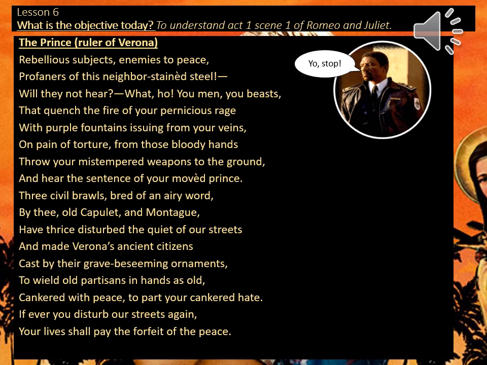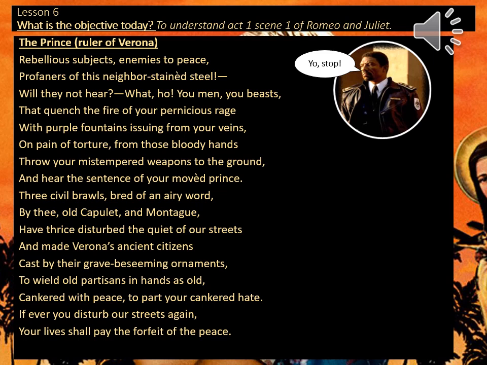Three civil brawls, bred of an airy word, by thee, old Capulet and Montague, have thrice disturbed the quiet of our streets, and made Verona's ancient citizens, cast by their grave, beseeming ornaments, to wield old partisans in hands as old, cankered with peace, to part your cankered hate. If you ever disturb our streets again, your lives shall pay the forfeit of the peace."